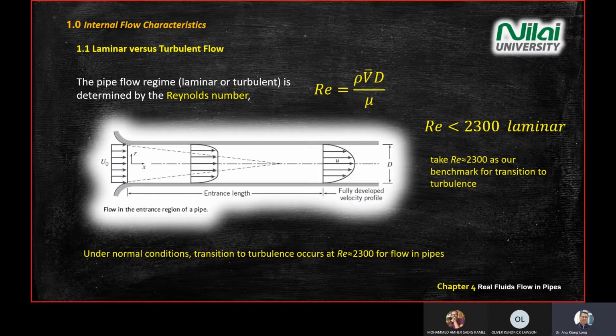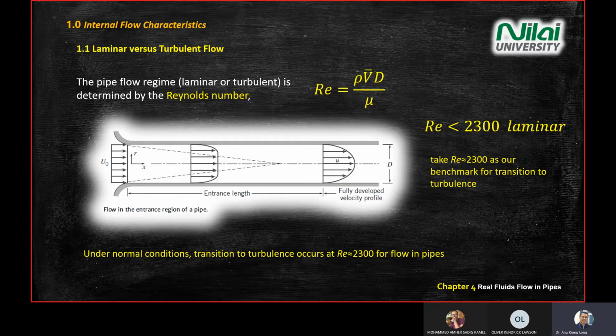You define whether your flow falls in the laminar or turbulent category, because once you identify the flow regime, you're able to direct yourself to the correct equation, because we have one set of equations for laminar flow and one set to solve for turbulent flow. So remember this magic number: Reynolds number less than 2300, you are having a laminar flow.